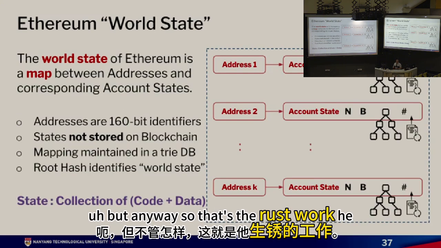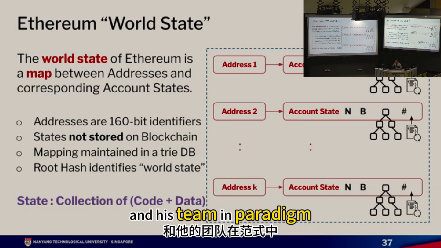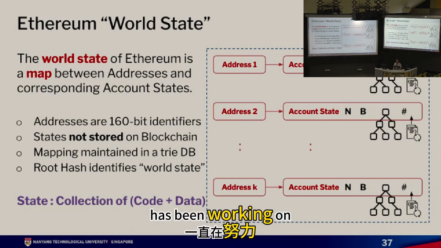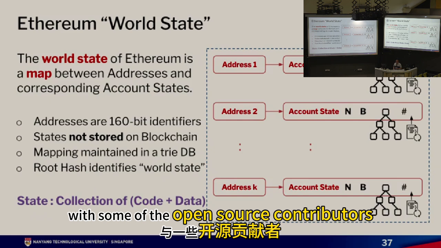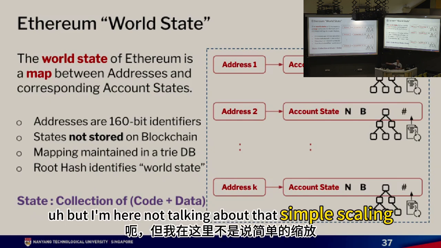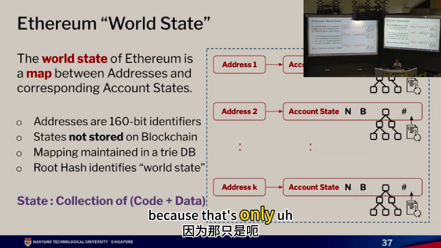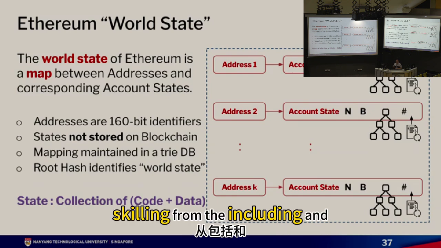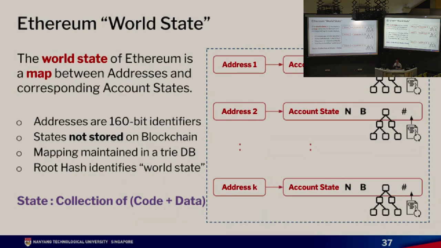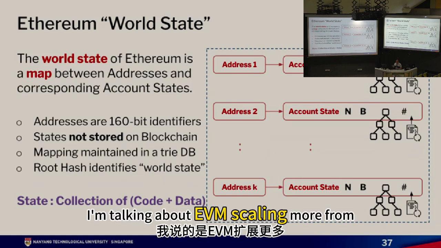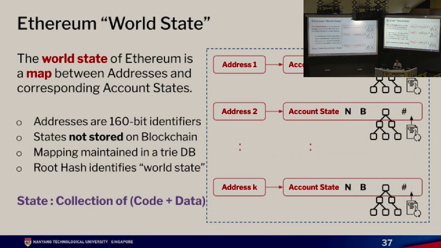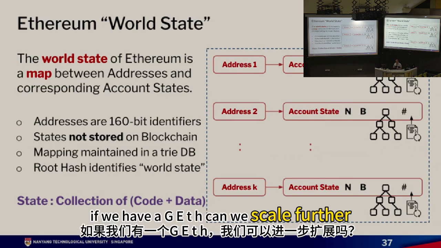But anyway, that's the Rust work he and his team at Paradigm have been doing with some open source contributors. But I'm not talking about that simple scaling here, because that's only scaling from the encoding and decoding perspective. I'm talking about EVM scaling: if we have RETH, if we have GETH, can we scale further?